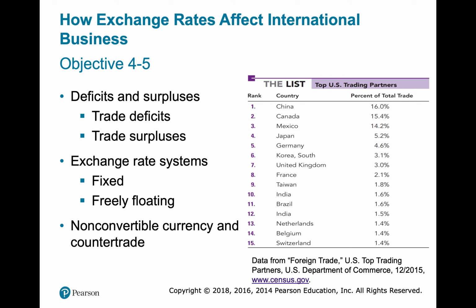This also leads to a discussion on trade deficits or trade surpluses. Okay, a trade deficit happens when the value of a country's imports exceeds the value of its exports. A surplus happens when the value of a country's exports exceeds its imports, so the opposite.